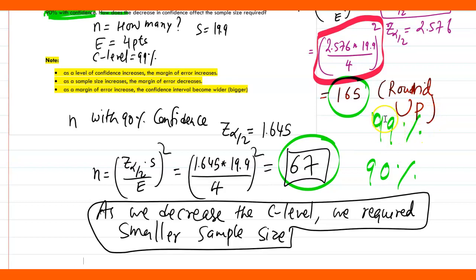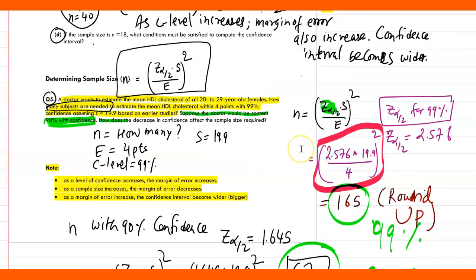And you see that here: 165 sample size required for a 99% confidence level, 67 sample size required for a 90% confidence level. Therefore, as you decrease the confidence level, the sample size required is going to decrease. That means we need a smaller sample size for a smaller confidence level. That's pretty much 9.2.